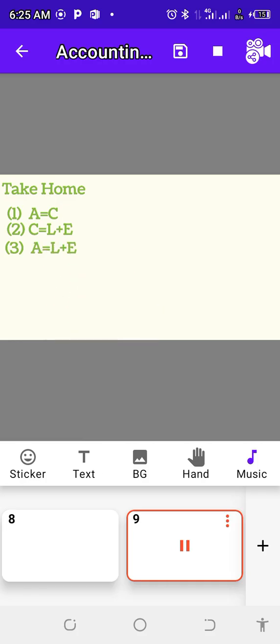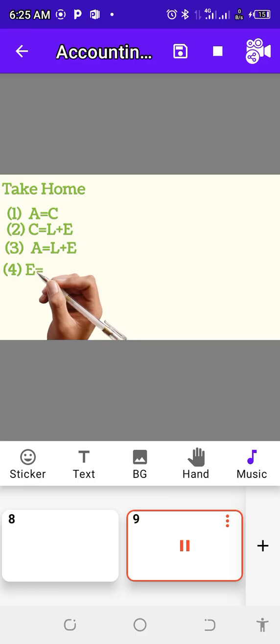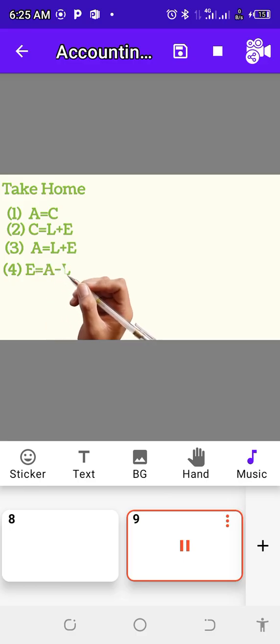Then the fourth one is equity is equal to asset minus liability. And the fifth one is liability is equal to asset minus equity.